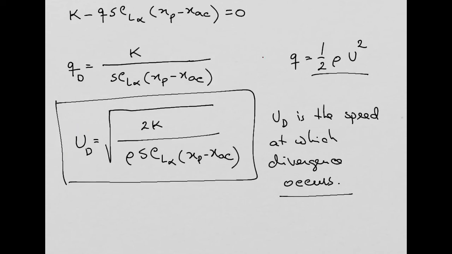There are different ways of doing that. Increase the torsional stiffness of your wing, for example. Decrease the slope of your lift curve, which might not be good because you lose lift, right? So this might not be a good thing to do.